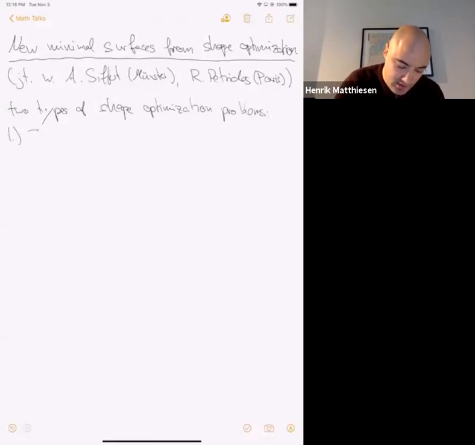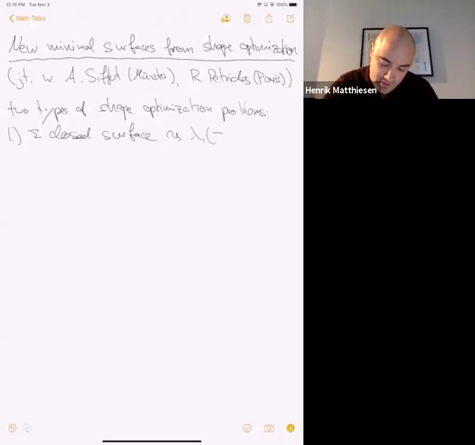Take sigma, a closed surface, and then I have the eigenvalues, but let's focus on the first eigenvalue of the Laplace operator. For me, the constant functions give lambda 0, and the first eigenvalue is the first one which is positive.